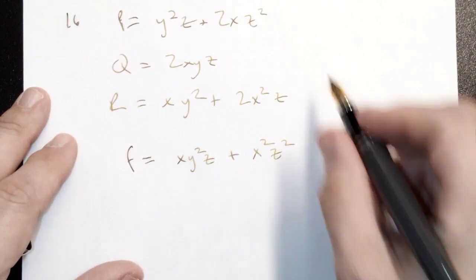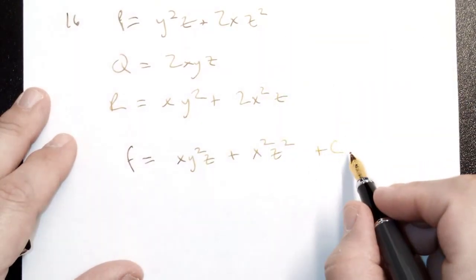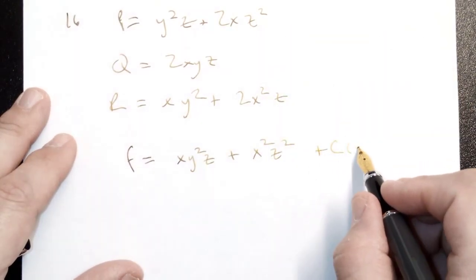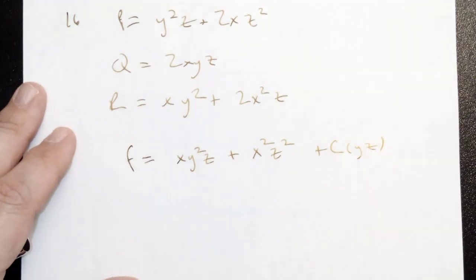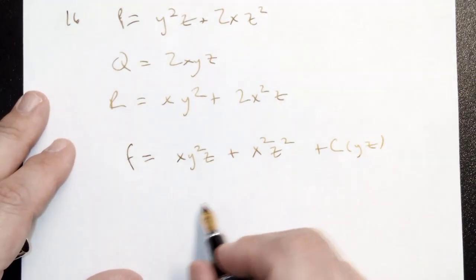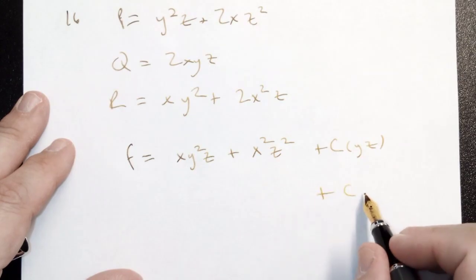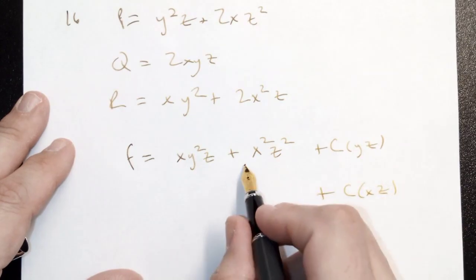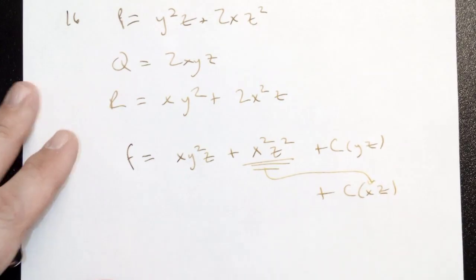And then in the first case, you'd have a constant in y and z, right? Yeah. But notice that when you do the second one, you would get a constant in x and z. Hey, that piece could hide right there, couldn't it?